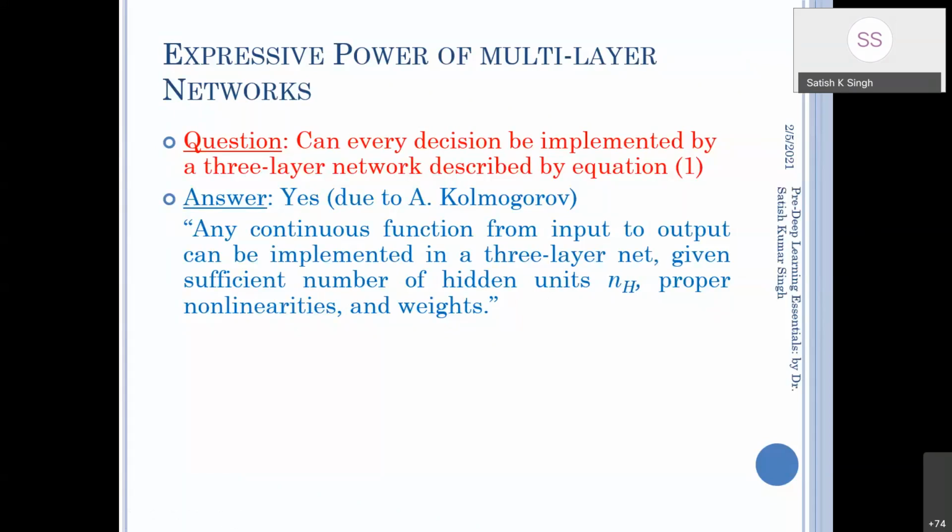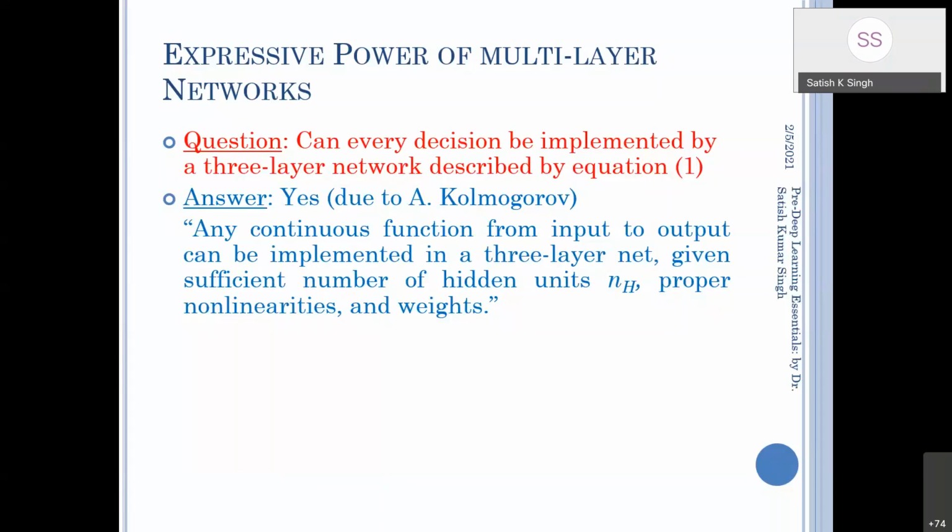In a different way, you can say only 3-layer networks are sufficient to implement any complex decision boundary. It means any complex nonlinear function can be generated with the help of only 3-layer neural networks, provided you have an infinite number of hidden units. It means we have to project appropriately from lower dimensional space to infinitely large higher dimensional space.